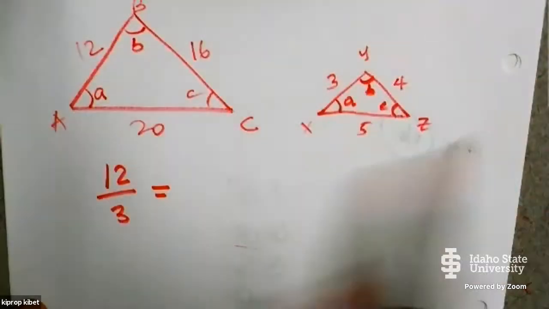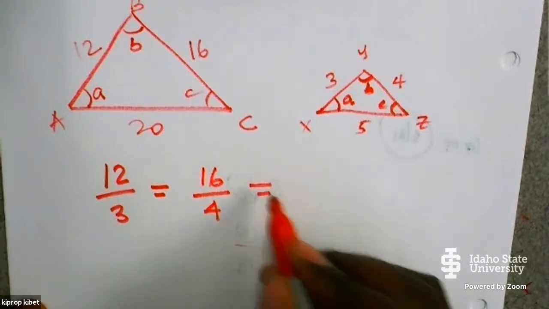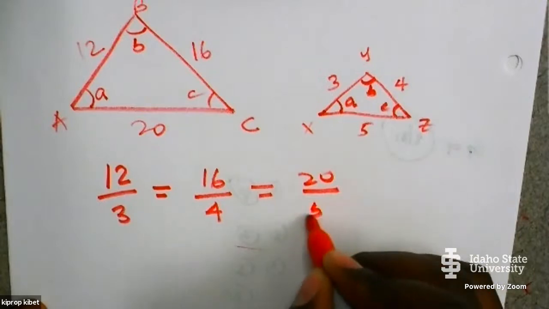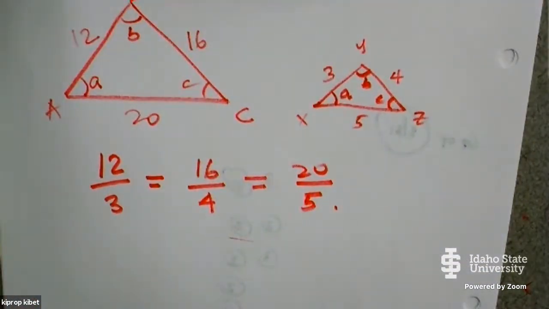This and this, 16 all over 4, is also equals to 20 all over 5. So the ratios of those are the same. When you divide this and this, it is 4. This and this is 4. This and this is equals to 4. So they are the same.